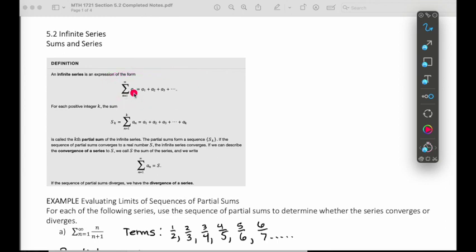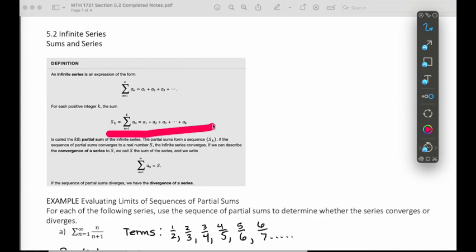If I have a sequence a_n and I sum all of those terms, that's called a series. Now, we have something called a partial sum, which means instead of adding up the infinite values in that sequence, the partial sum is where we go out only to a certain term and add those up.